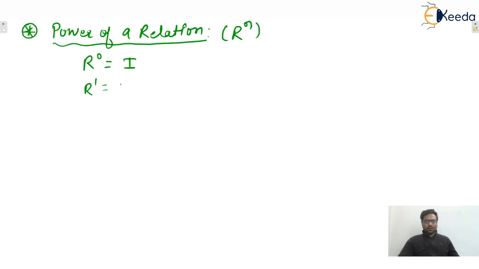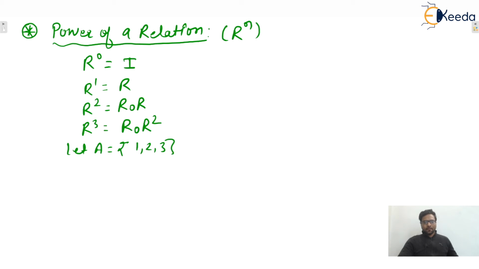R power 1 is R only. R square will be the composition of R with R, and R cube will be the composition of R with R square. Let us consider one set A, that is 1, 2, 3, and one relation, let's say 1 comma 2 and 3 comma 1, isn't it?